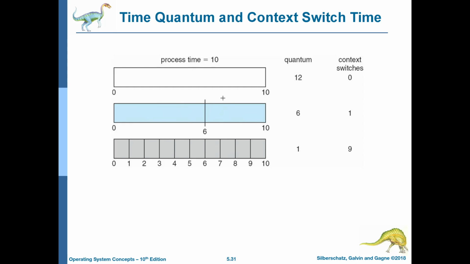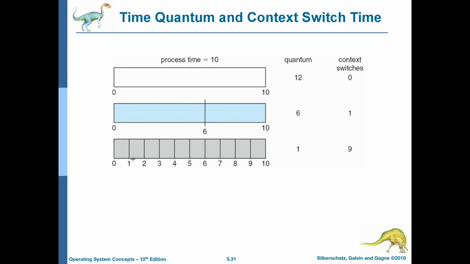And if each of these context switches, let's say, takes 1 millisecond, well, the total runtime of the time quantum of 12 is just 10 milliseconds. With the time quantum of 6, it's 11. So it's 1 plus the length of the process.